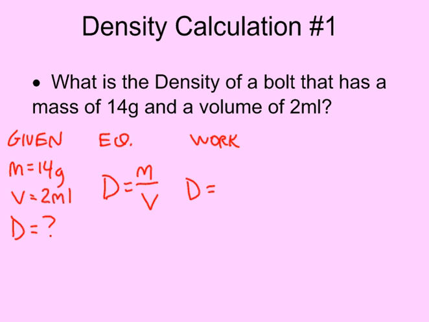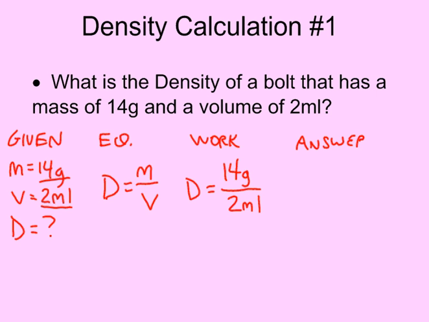D equals mass of 2 milliliters. I'm sorry, volume of 2 milliliters. Now I got it backwards. Let's try again. So the mass is going to be 14 grams, and the volume is going to be 2 milliliters. All right.